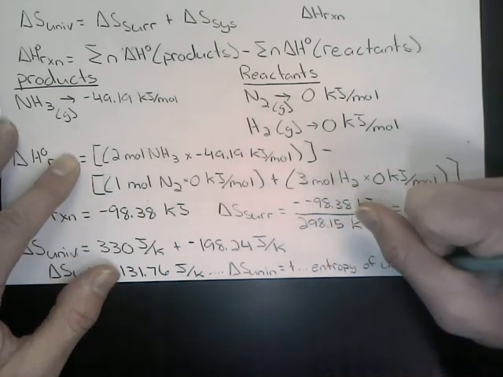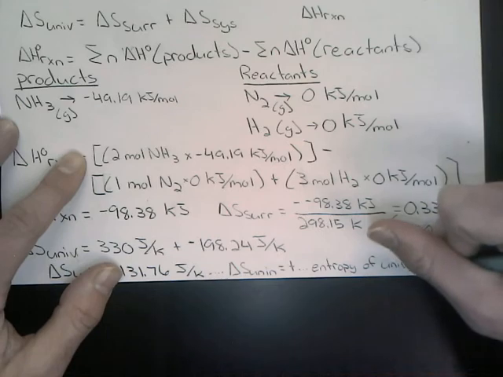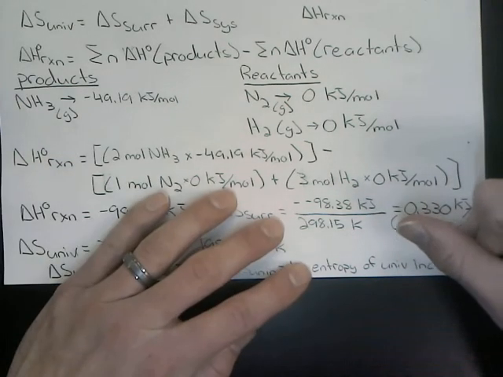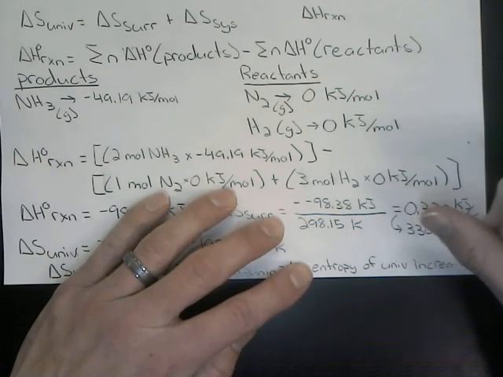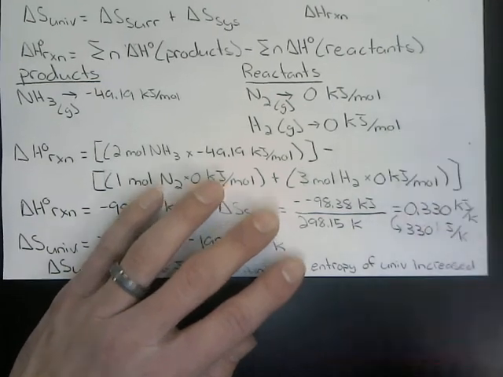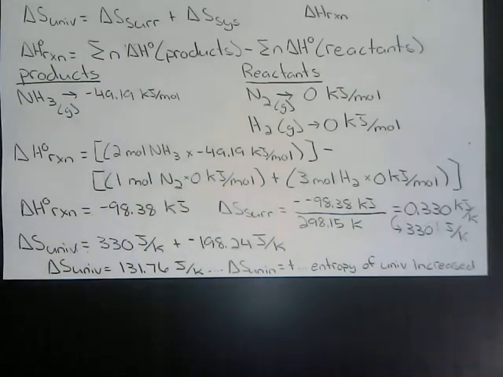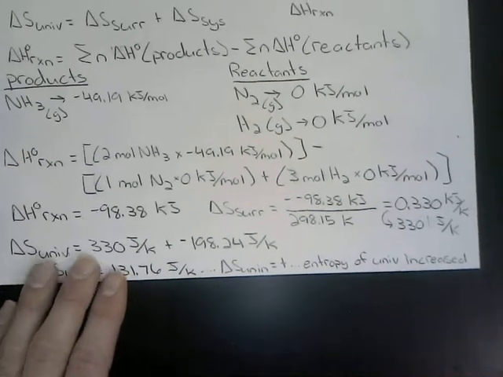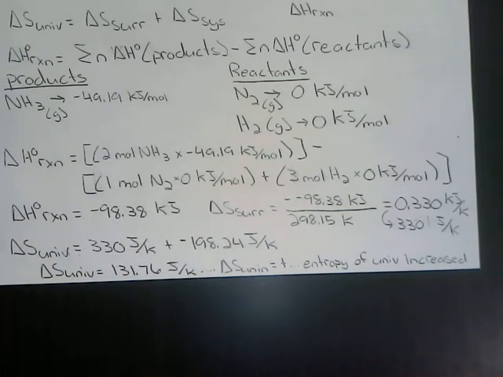What that means is we abided by the second law of thermodynamics, which says the entropy of the universe is going to increase for a naturally occurring process, or a spontaneous process.